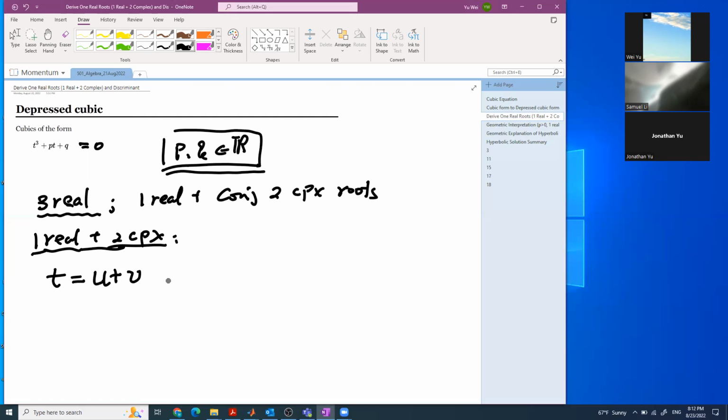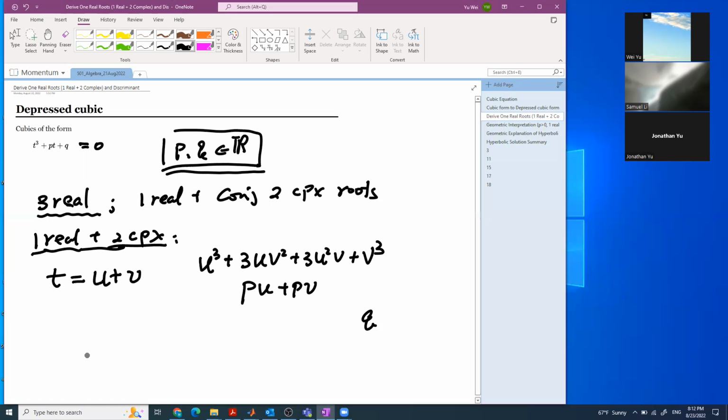So the first term is t cubed. It will be u cubed plus 3uv squared plus 3u squared v plus v cubed. The second term is p u plus p v. The last term will be q.